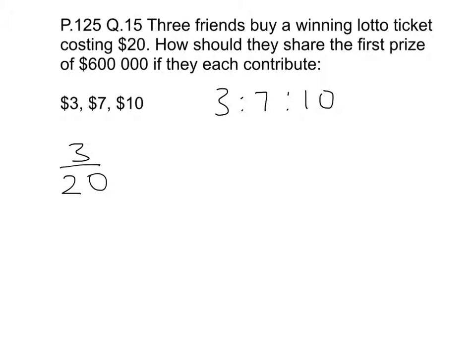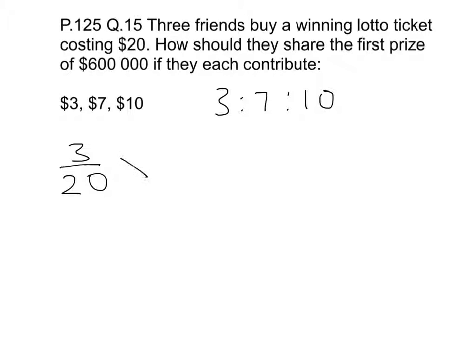Now, it's asking us to find out what amount this person should get from the 600,000. In order to do that, all we need to do is multiply this fraction by this amount.